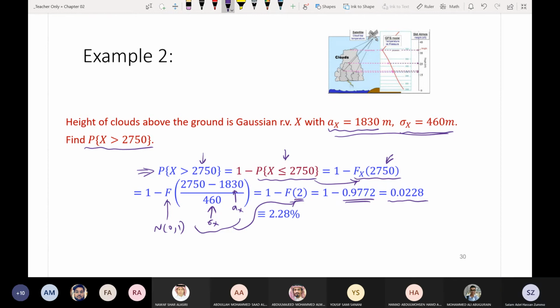Okay. So you understand now how to use the table, how to calculate a specific probability for the Gaussian random variable with any mean, any average, and any standard deviation or variance.